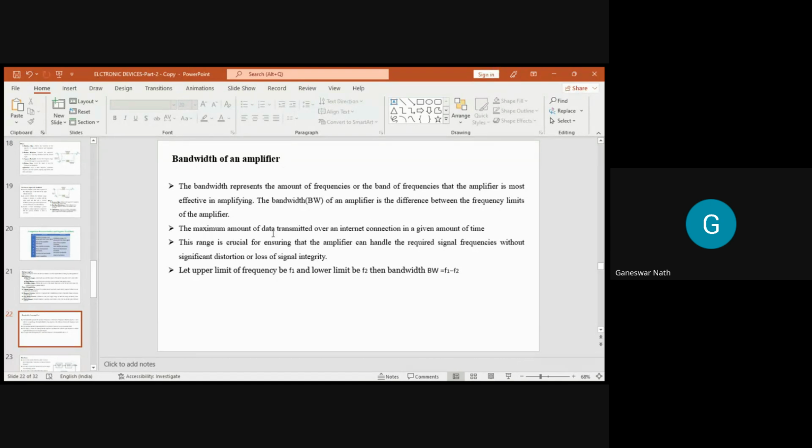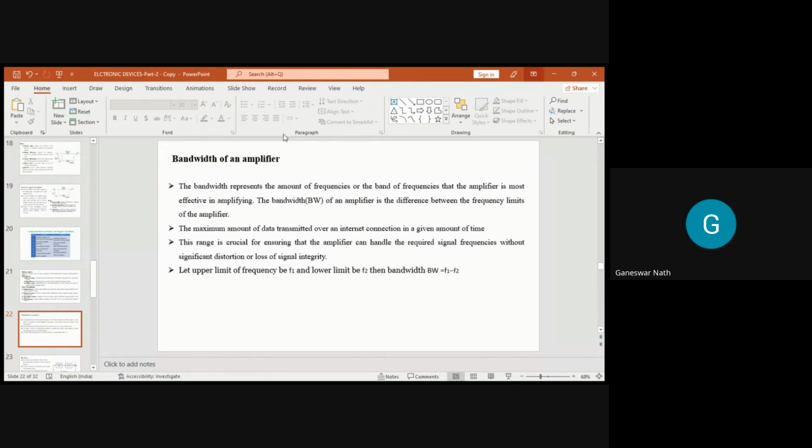The bandwidth of an amplifier is the difference between the frequency limits of the amplifier; in networking, the maximum amount of data transmitted over an internet connection in a given amount of time. It is the difference between the upper and the lower half frequency.